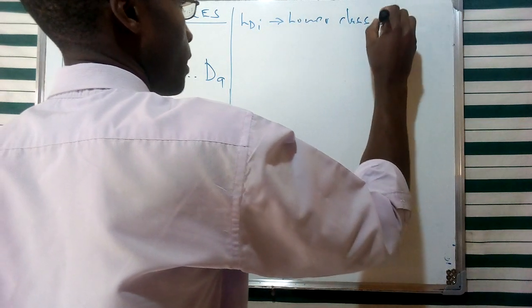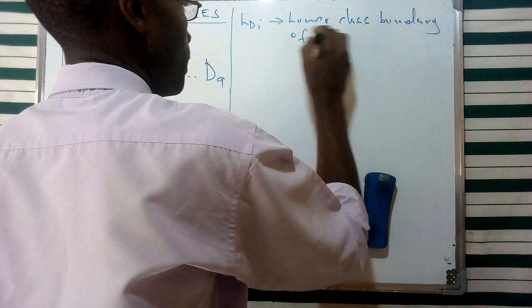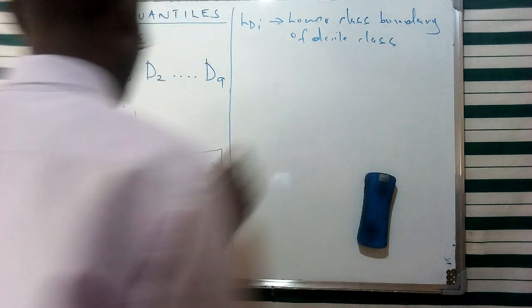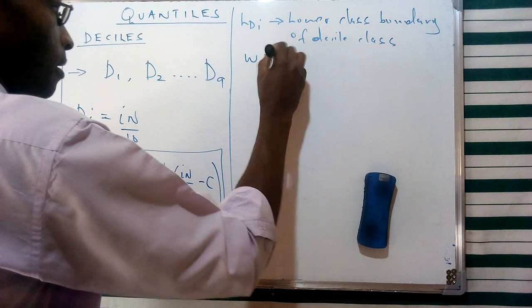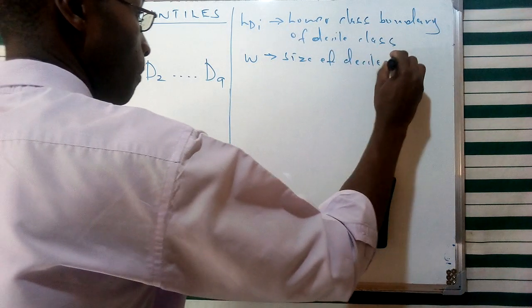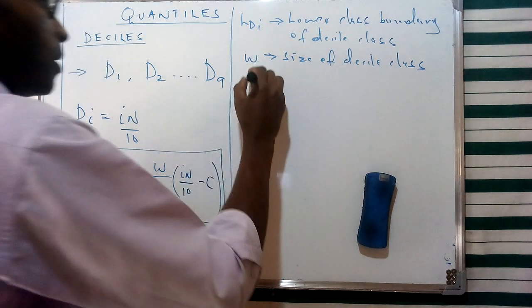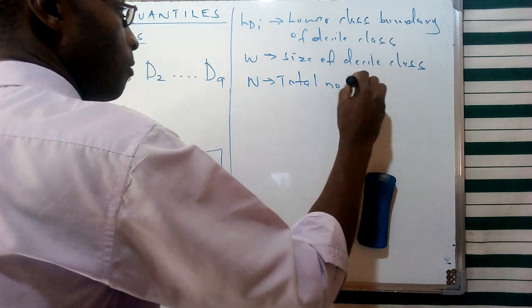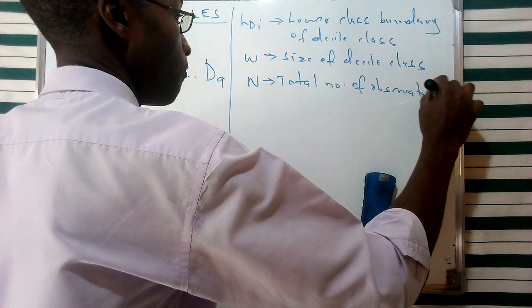Then W is the size of the decile class. Then we have N as the total number of observations.